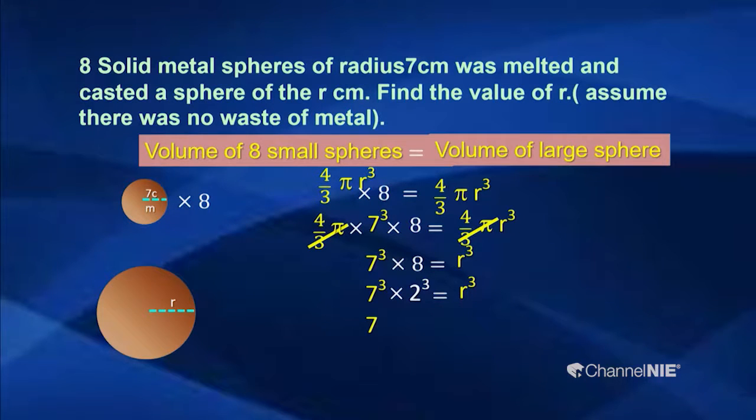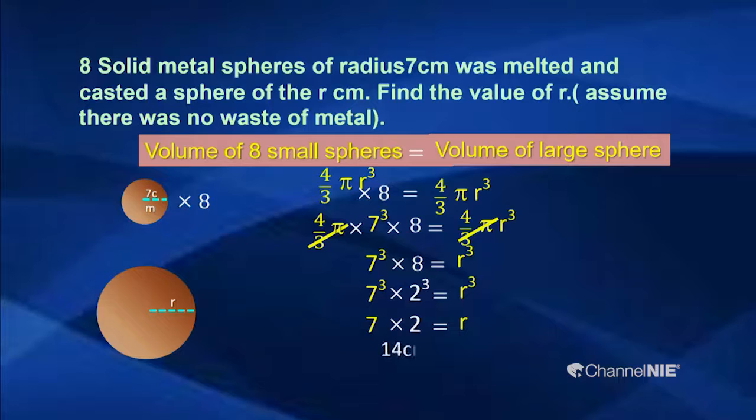You already learned that part. You can remove all these indices and make another expression like, what is it? 7 cube into 2 cube into r cube. After removing the indices, you can make 7 into 2 into r.